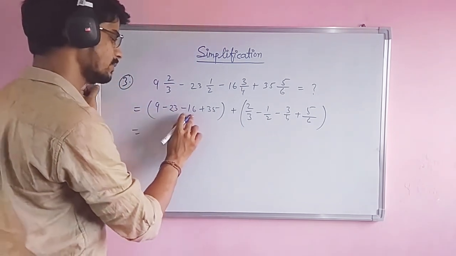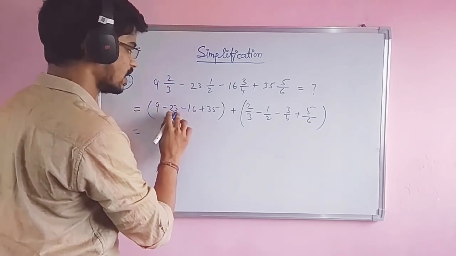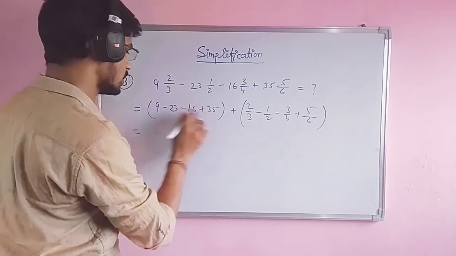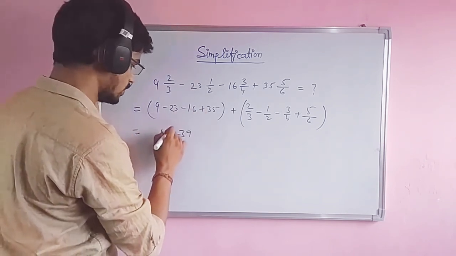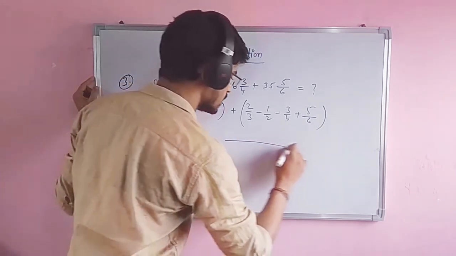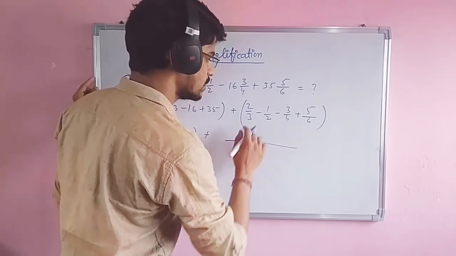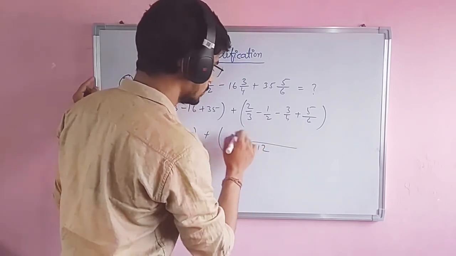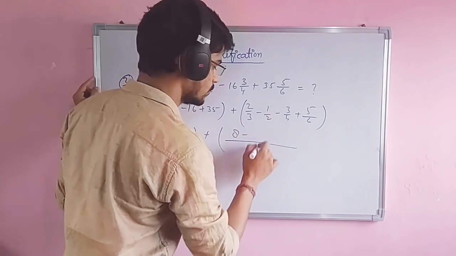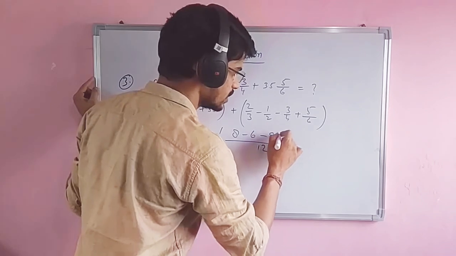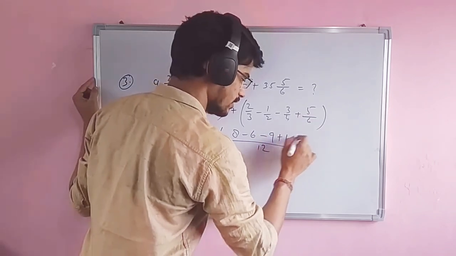Next, 9 plus 35 is 44, minus 39, which gives 5. Take the LCM of the fractions: 12 is the LCM. 3 times 4 is 12, so 2 by 3 gives 8, minus 6, minus 9, plus 10.